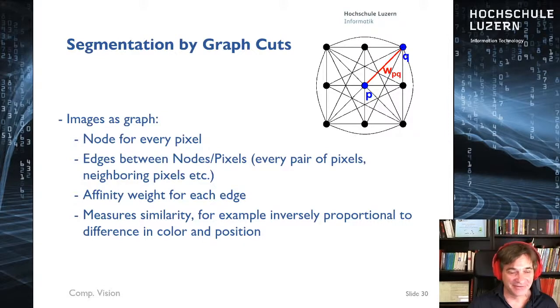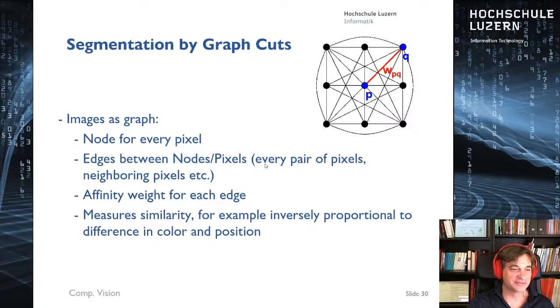So we have a graph that is made of nodes and edges. You could, for example, have a node for every pixel in the image, or, as we will later see, a node for a so-called superpixel that you have clustered first. And then you have edges between those nodes. There are different possibilities here.